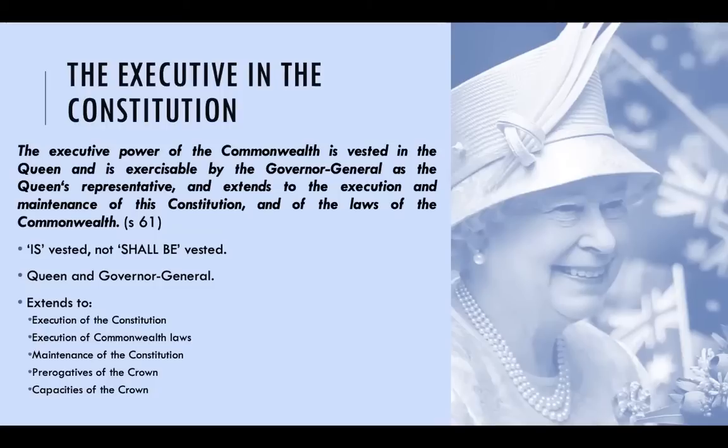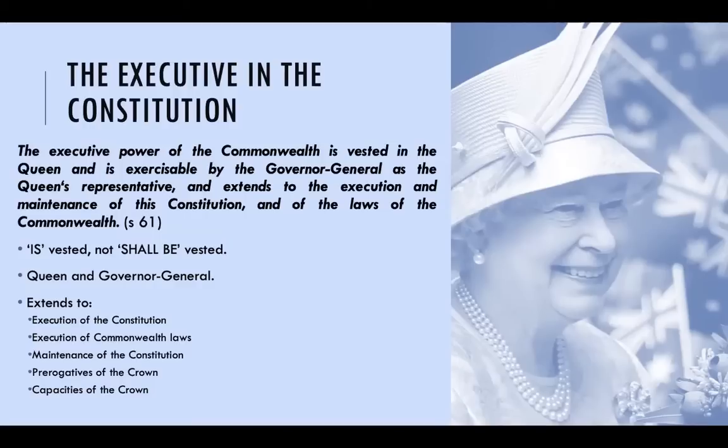The Queen is the head of the executive, but it is exercised by the Governor-General, but as we will see later on, the Prime Minister and the government made up of ministers are the ones who actually have that role as the head of the executive.